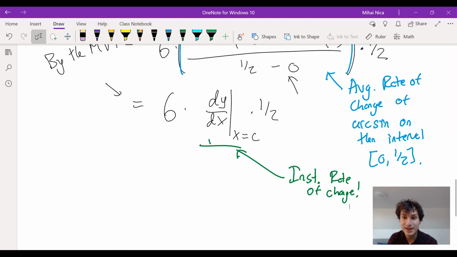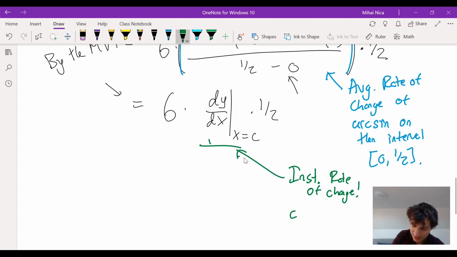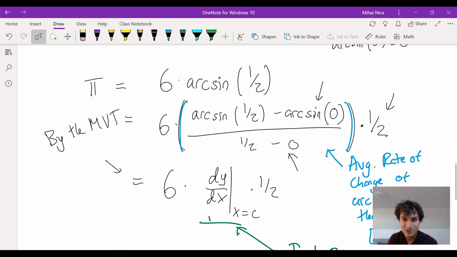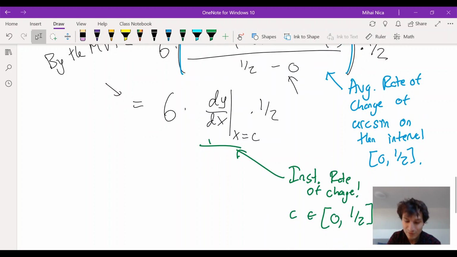It's equal to dy dx at some value x equals c. And the mean value theorem says that c is in the interval 0 to 1/2. But the mean value theorem does not tell you where it is. So this is the mystery of the mean value theorem. We replace this average rate of change by this instantaneous rate of change. We know there is some value c where this works. We don't know what it is.